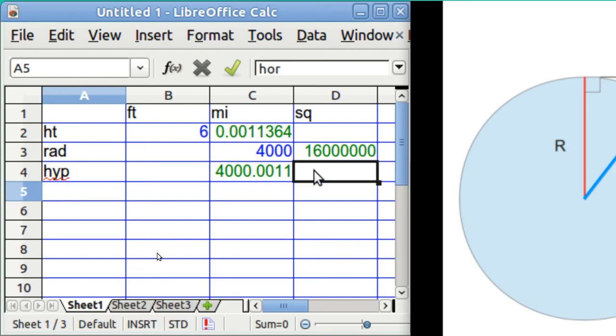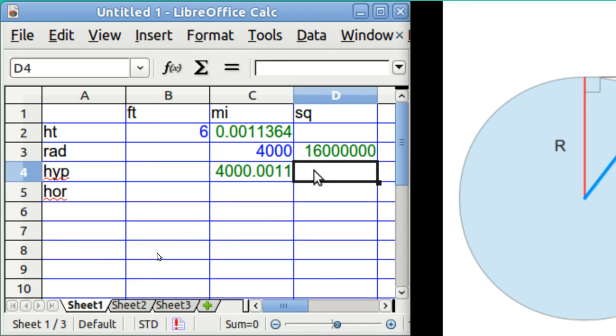Well, I have squared the radius. Why don't I square the hypotenuse? I'm just going to copy this, paste.